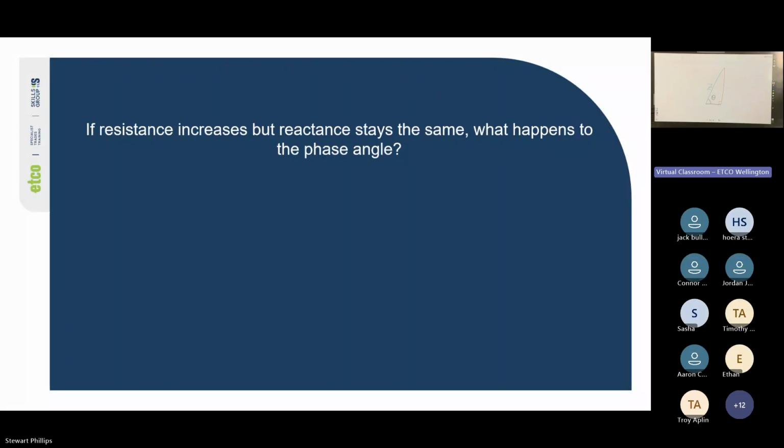So if resistance increases but reactance stays the same, what happens to the phase angle?